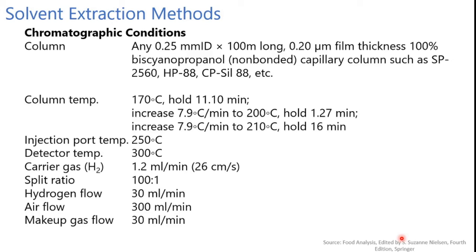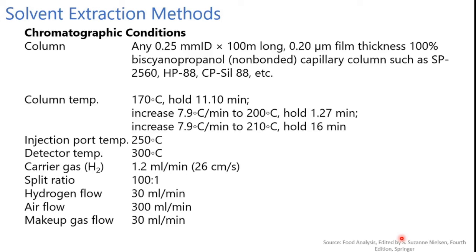After that we increase the temperature at the rate of 7.9 degrees Celsius per minute from 170 to 200, and at that point we hold the temperature for 1.27 minutes. After that again we increase the temperature at the same rate to 210 degrees Celsius and hold it for 16 minutes.